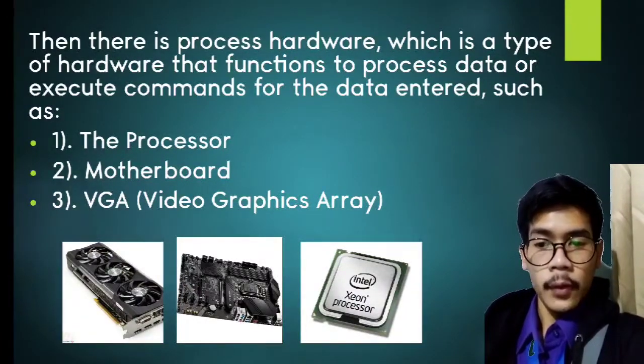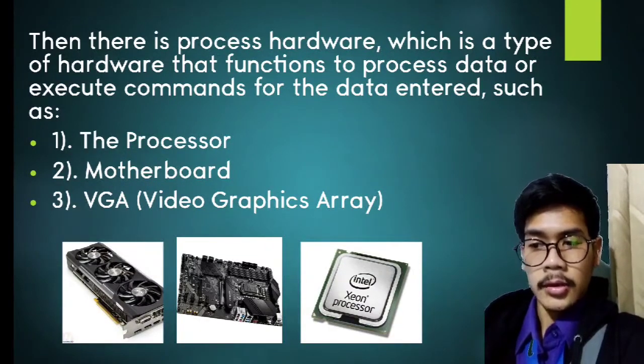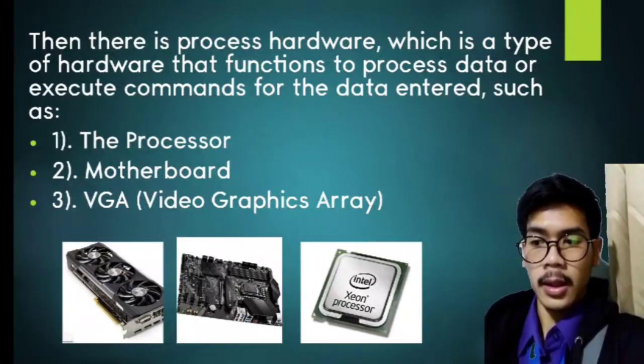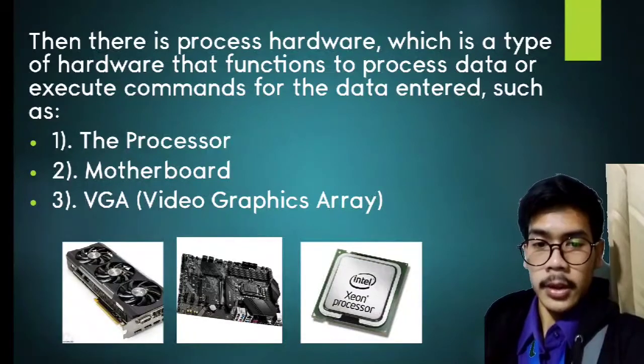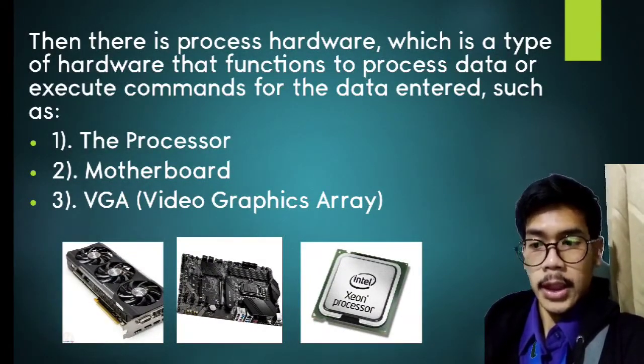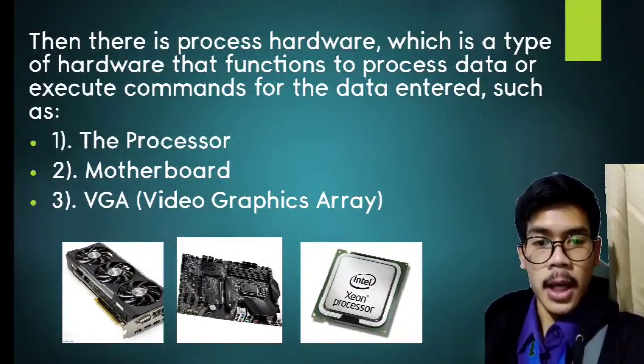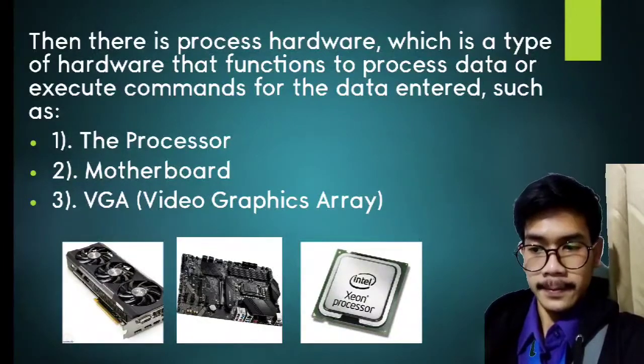Number 2, motherboard. Motherboard is hardware in the form of a circuit board that connects hardware devices in a computer system and is equipped with a BIOS chip. BIOS is basic input-output system. And 3, VGA or video graphic array is hardware used to visualize data in graphic form. The rapid development of VGA supports the gaming and CAD industries.